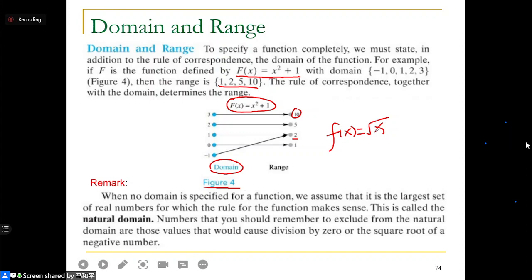We assume that this is the largest set of real numbers for which the law for the function makes sense. So this means x is greater than or equal to 0. This is called the natural domain.